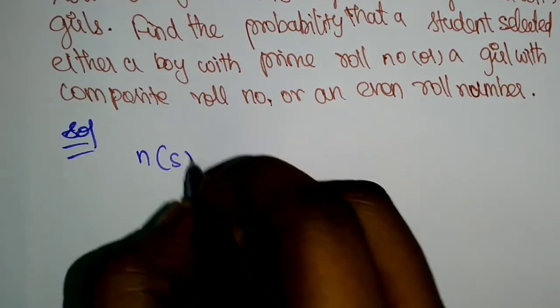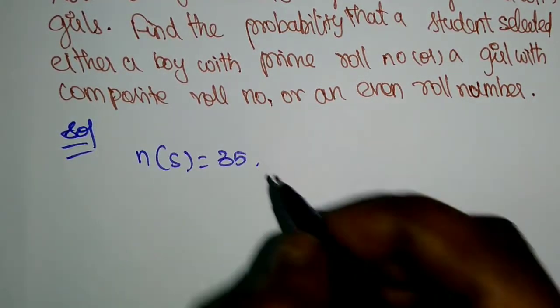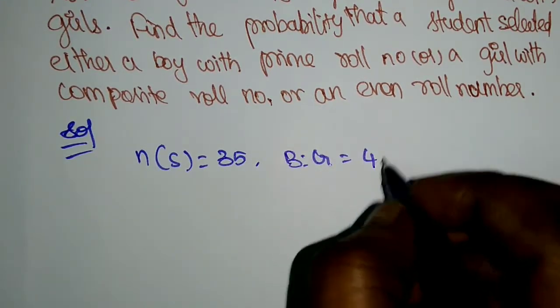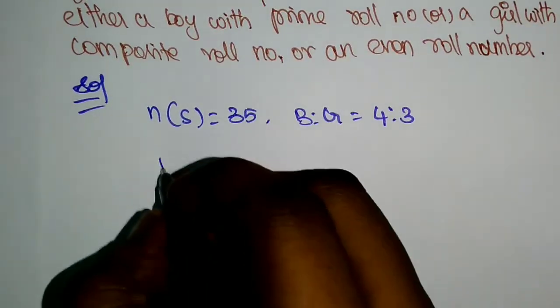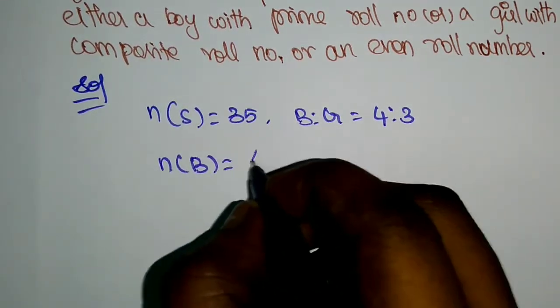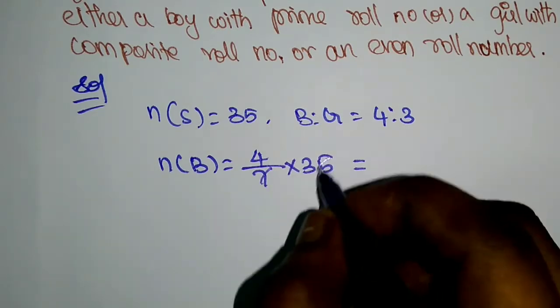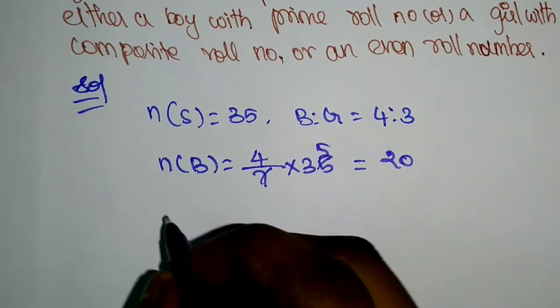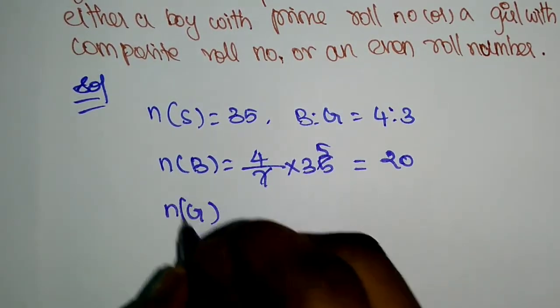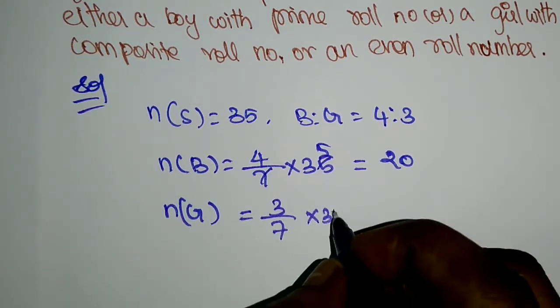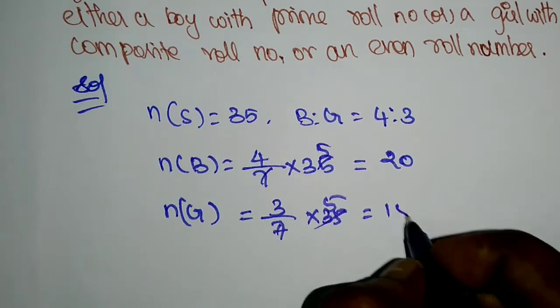Here the number of students, so n of S is equal to 35. The ratio of boys to girls is 4 to 3. So n of B is equal to 4 by 7 into 35, which is 20. So n of G, girls, is equal to 3 by 7 into 35, so 5 sevens are 35, it gives 15.